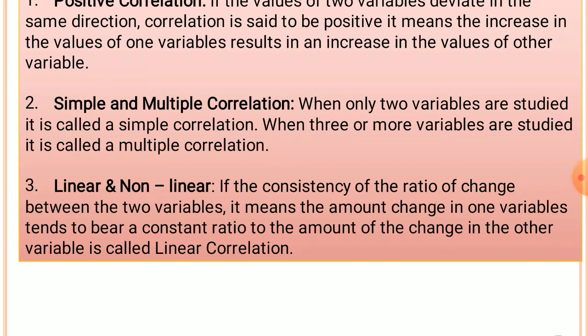When only two variables are studied, it is called a simple correlation. And when three or more variables are studied, it is called a multiple correlation.